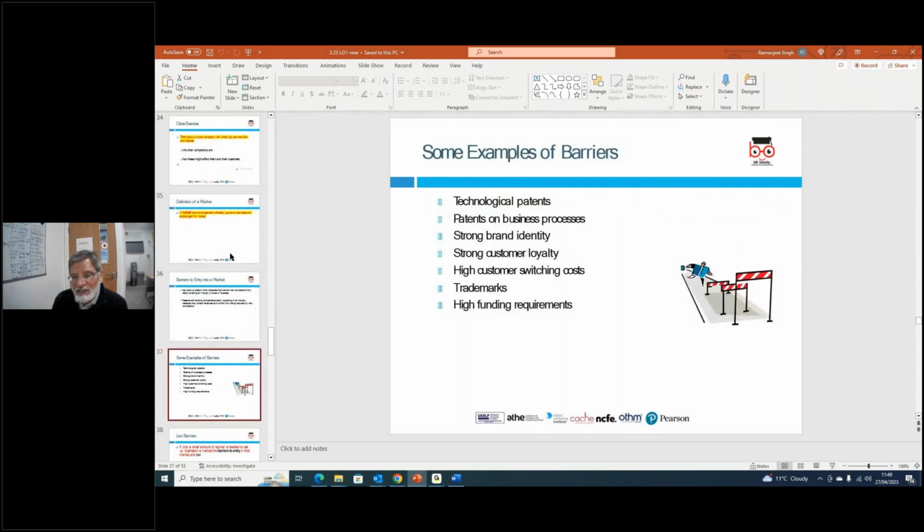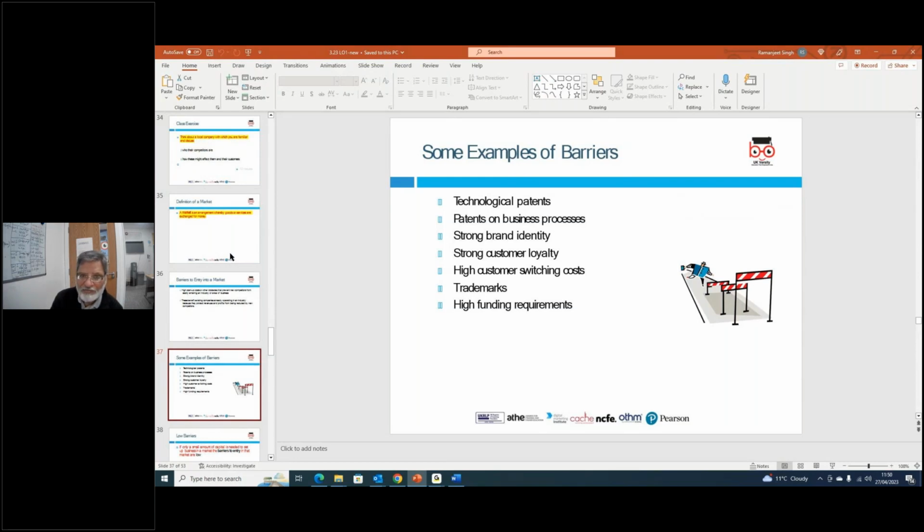Examples of barriers, as I said: there's a technological barrier, you're not getting the right type of people, the right type of investment, or the right research activity, or there are strong trade restrictions, right? There are lots of processes.